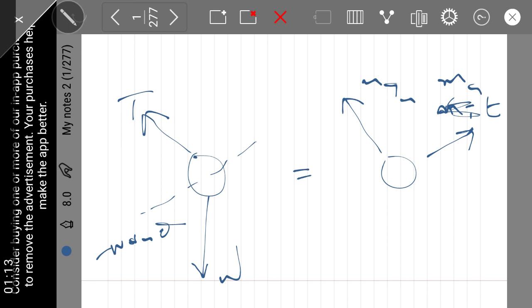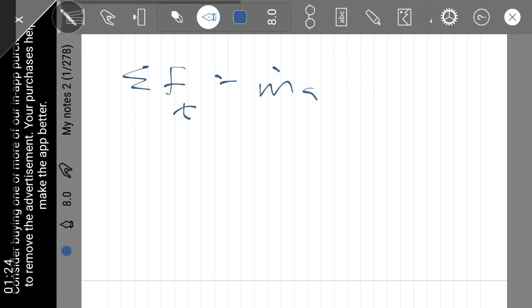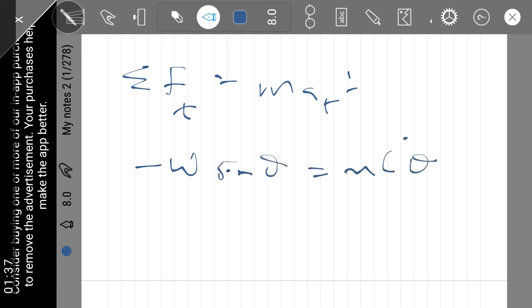So if we do the summation of the forces in the T direction, summation of forces in the T direction is equal to m a t, and that is minus W sine theta is equal to m L theta double dot, where this represents the acceleration.